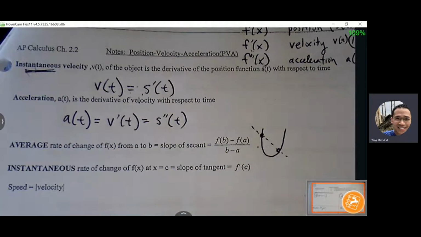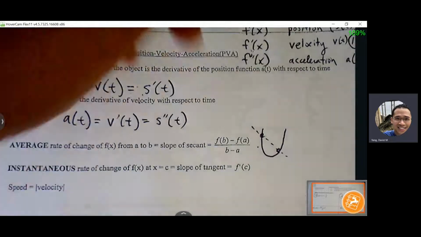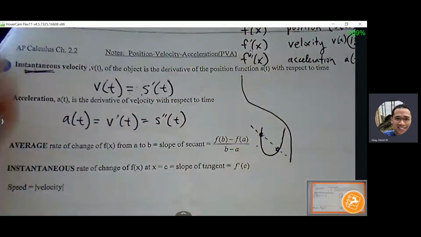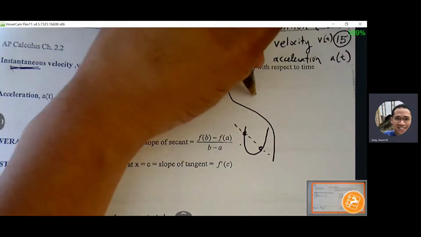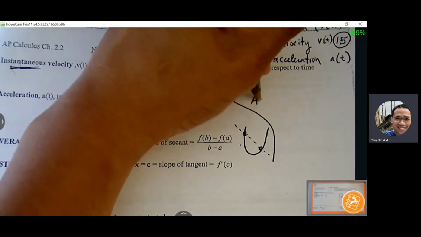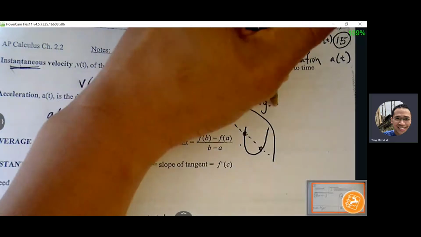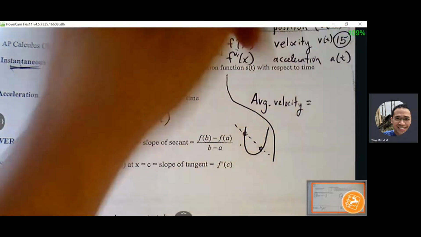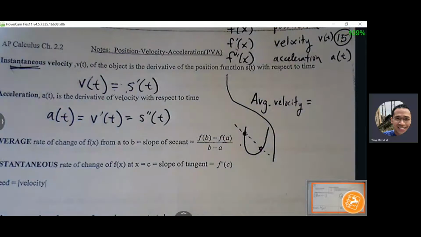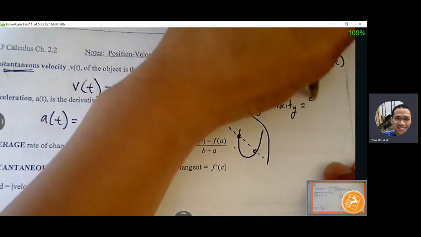Now, average rate of change, a common application, and we're going to talk about this, if not today, then tomorrow, is average velocity. Average velocity is the change in position over a change in time.